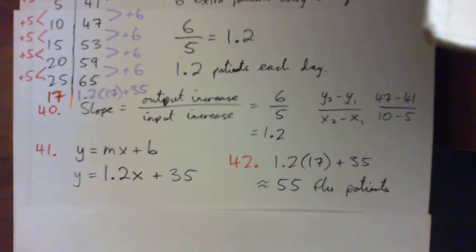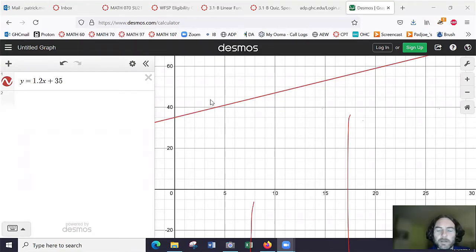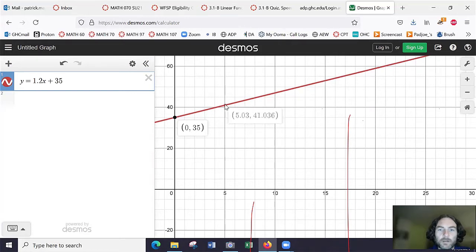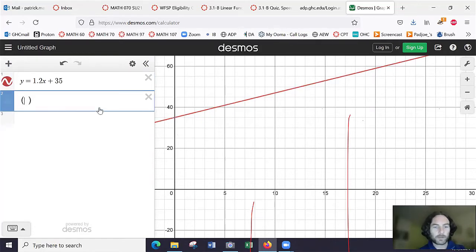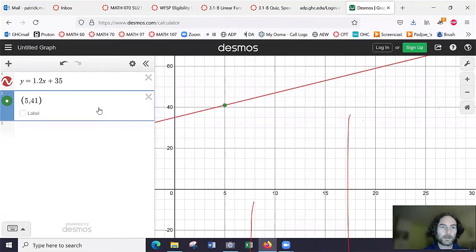To graph that, this is what it looks like. Here's day 0, 35 cases, right? Day 5, you've got 41. I guess I could probably type that in. 5, 41 is there, right?